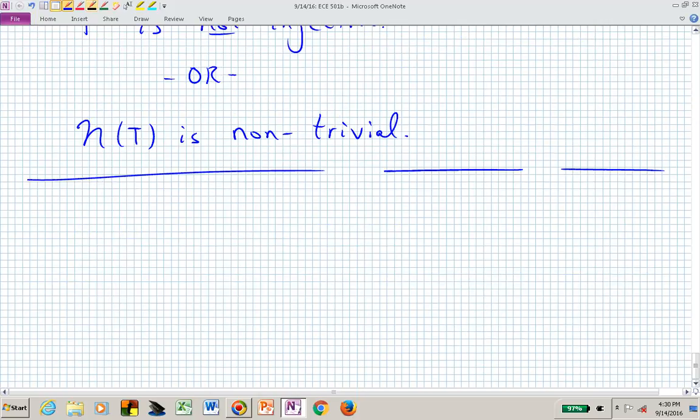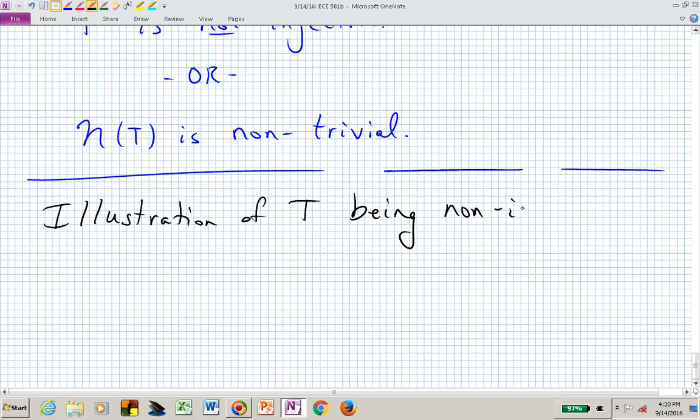And we can look at that a little bit if we wanted, in terms of an illustration of this linear map T being non-injective. Suppose we pick a U1 that's minus 2, 1, 1.